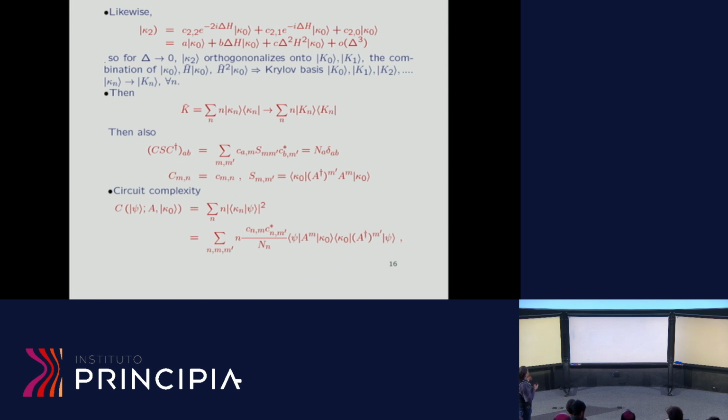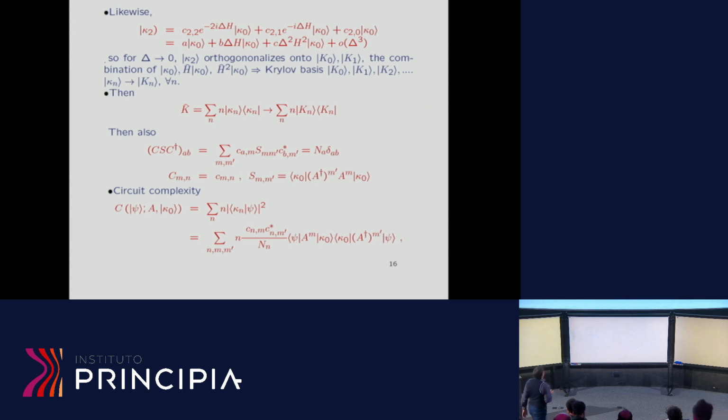So in the end, in this delta goes to 0 limit, we have that this operator involving kappa n goes over to the Krylov operator involving Kn. Right, but okay. So this is the first order issue, but then we'll try to keep delta finite and then see that when delta goes to 0, we get the right result.